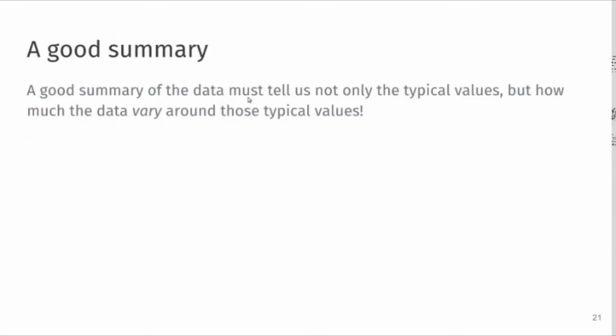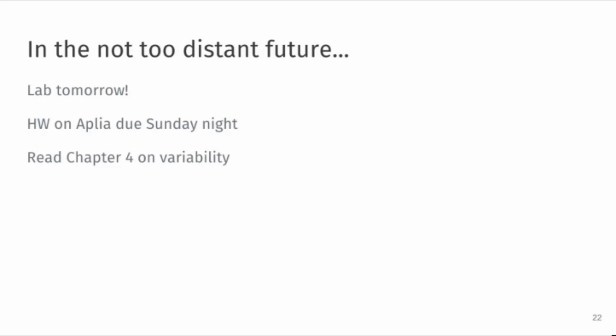So, a good summary of the data should tell us not only what values are typical or representative of the data, but also how much the data tend to vary around those typical values. And that's going to be our topic for next week. How do we measure and report the degree to which observations vary around their central tendency?